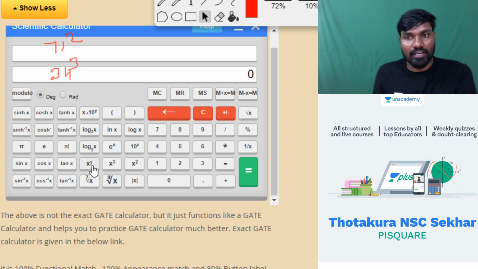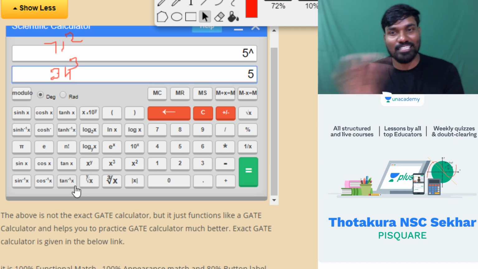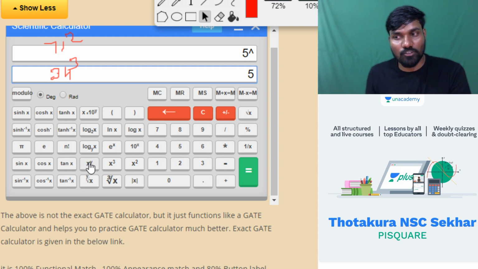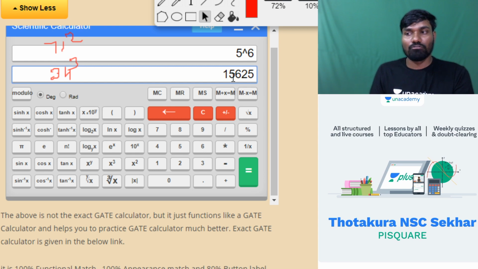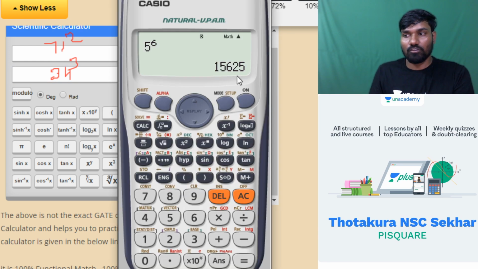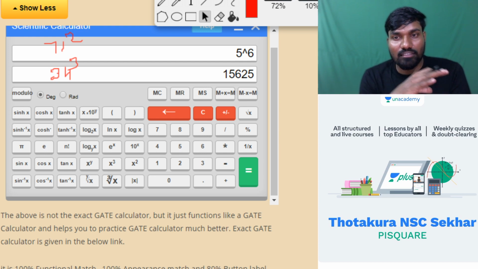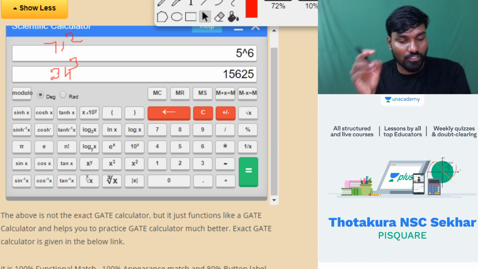X first, so 5 first, then hit this operator, then give the value of y, which is 6. Equal to 15625. Both are the same. This kind of comparison was never there before with the regular calculator and virtual calculator.